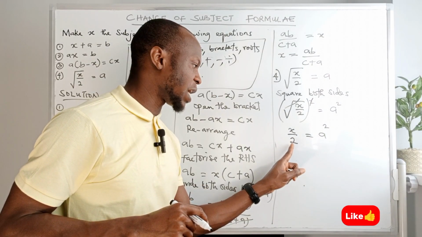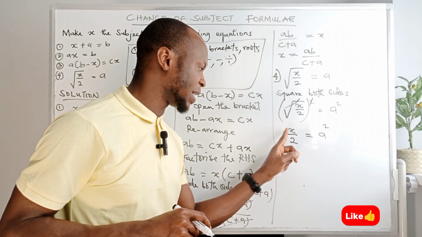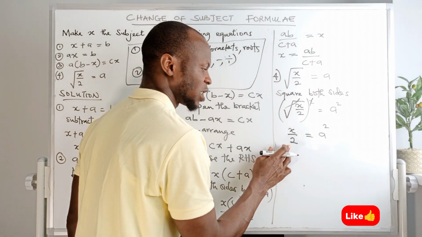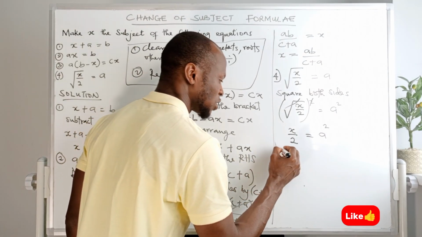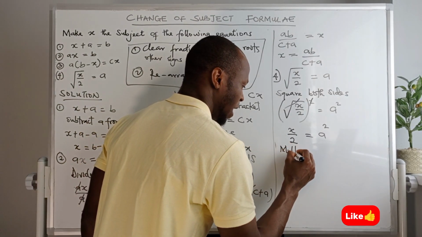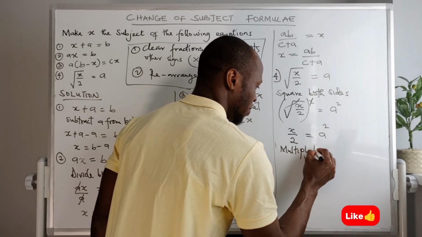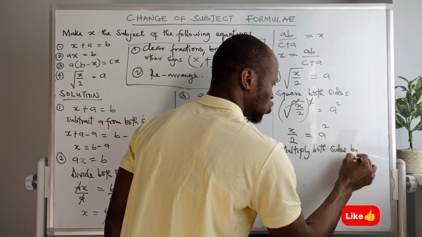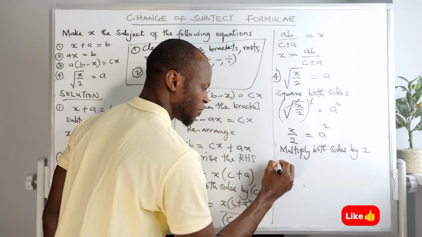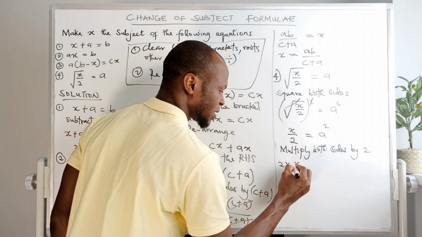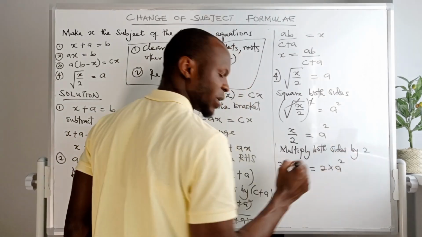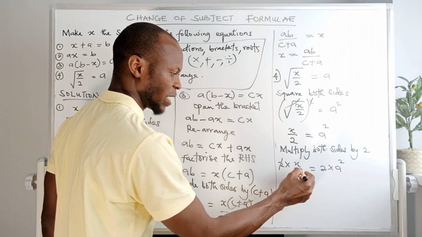Another thing is joined together to x. One is joined to x again. This is a fraction of 2. Okay, so if I want to remove this fraction, what will I do? I will say multiply both sides by 2. Okay, if I have 2 multiplied by x over 2 equals to 2 multiplied by a squared, so this 2 will cancel this 2.